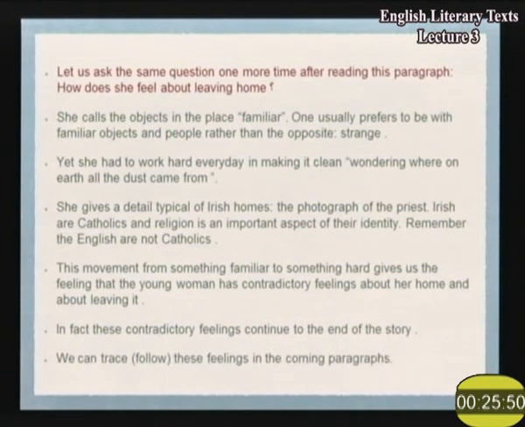We can trace, to follow, these feelings in the coming paragraphs. In her description of the place, her past, her present, and what she thinks of the future, we can trace her feelings towards Dublin, her home, and leaving the place.